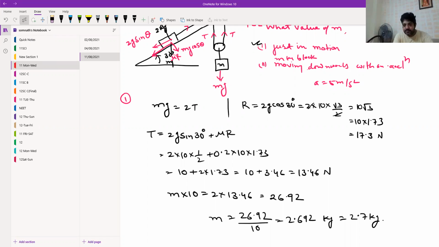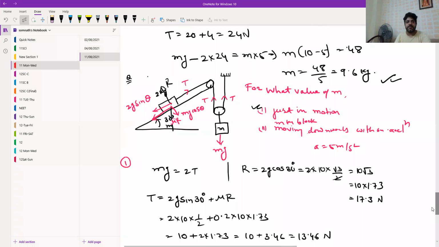Now the second part of the question. If the m kg block is moving downward with an acceleration 5 meters per second square, obviously this block is moving upward with the double acceleration, 10 meters per second square.